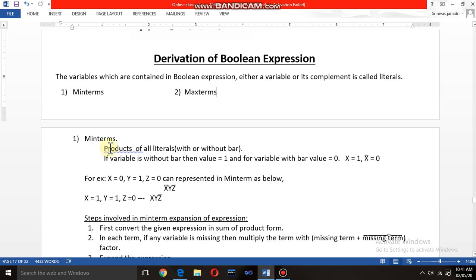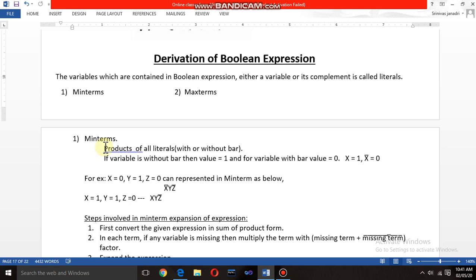First, a minterm is nothing but a product of all literals, with or without bar. I will explain with an example. Here, minterms are products of all literals, and literals represent the logical variables.